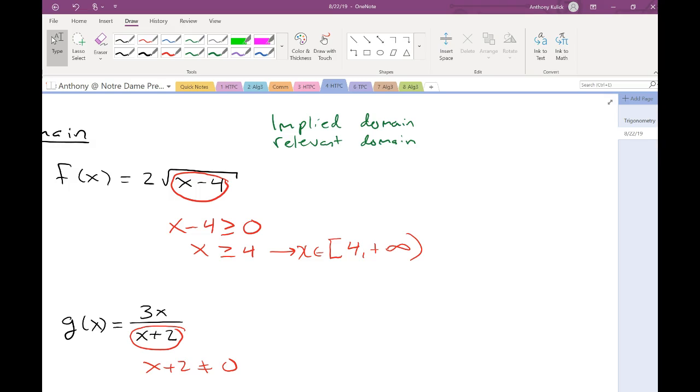Everybody feel comfortable with that notion, how I just kind of reasoned that out by looking at the behavior of my function and what I know about square root functions from last year? So I know then the lower bound for the x is going to correspond also to the lowest y coordinate on the graph. Everybody agree with that?